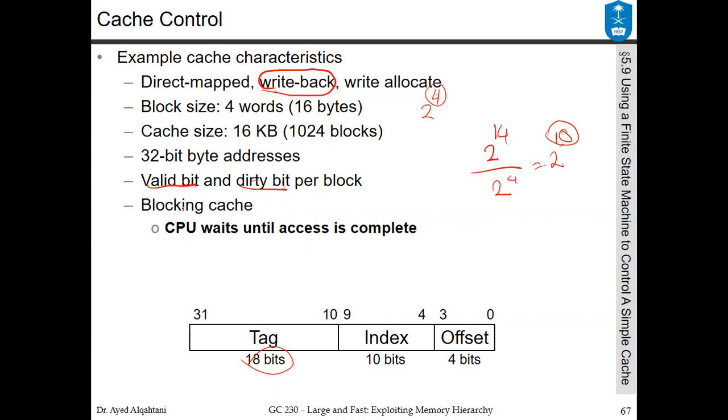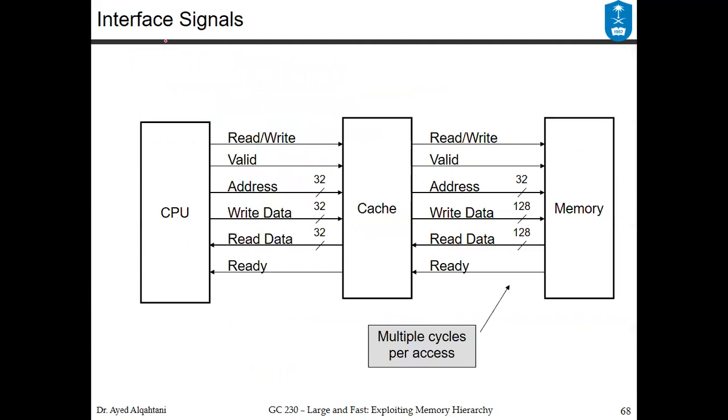We also have a blocking cache, which means that the CPU waits until the access is complete. Now, this is the interface between the CPU or the processor and the cache, and from the cache going to the memory.